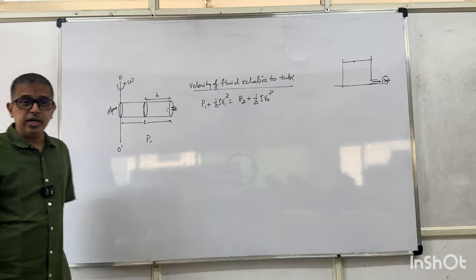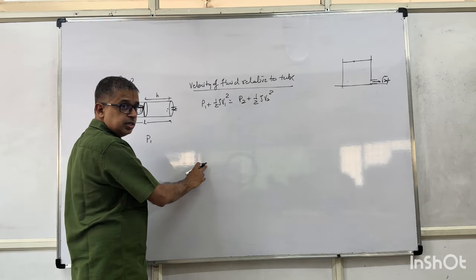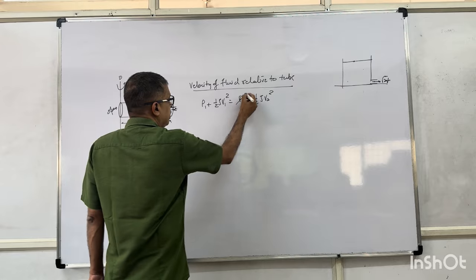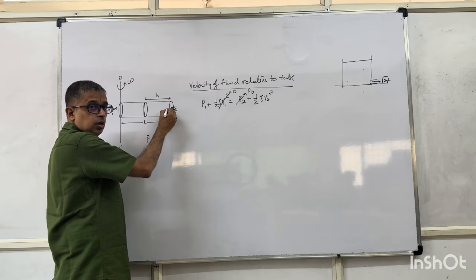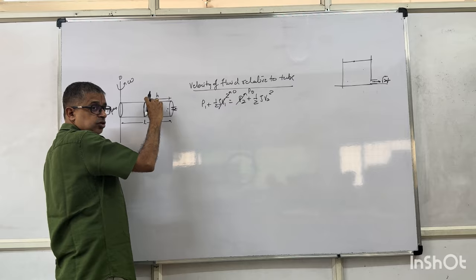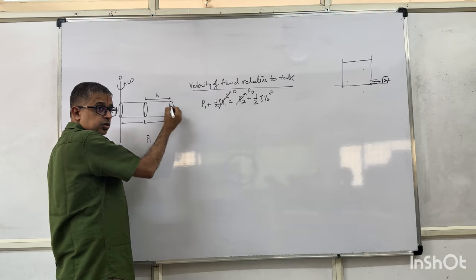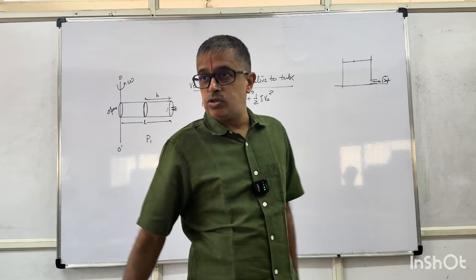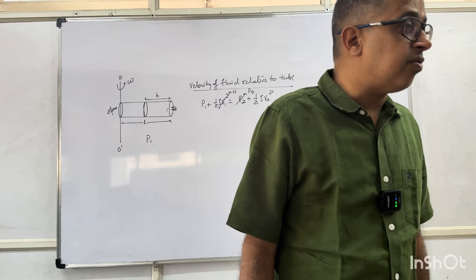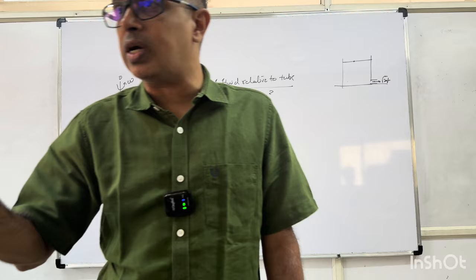Why are you not taking gravitational potential energy? Same height. P2 I can take as P0, V1 I can take as 0. Listen, this area of cross section is large when compared to this. It is at rest inside the container. Alright, tube is rotating, no sir. Tube may be rotating. Velocity of the liquid with respect to the container is 0.